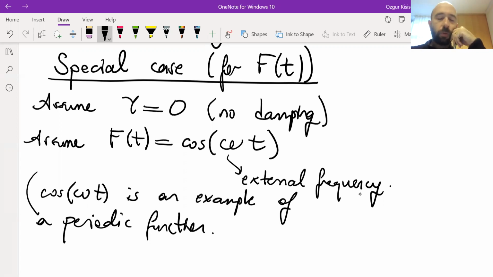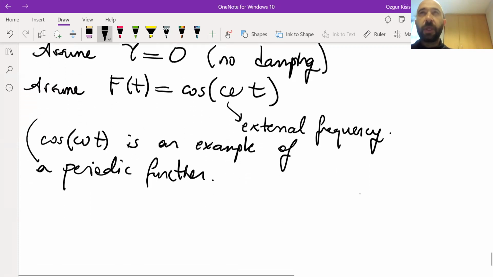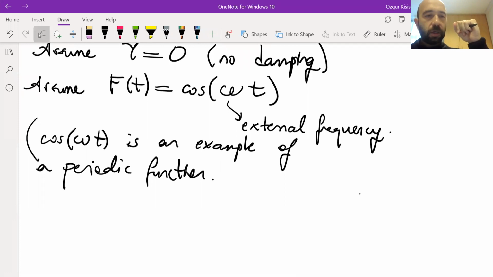So if you want to understand periodic functions, this is a nice example, but there's more to that. If you want to understand any periodic function, with any shape, as long as it repeats itself after a while, then there's a deep result, which we'll also talk about in this course, towards the end, saying that such functions can be represented as linear combinations of cosine and sine functions.